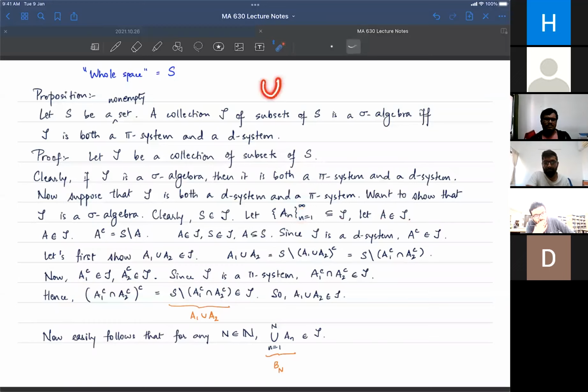We need to show that the union over n from 1 to infinity of A_n is in script S, and we need to show A complement is in script S. We want to show that the union of all these guys is in script S, and we also want to show that A complement is in script S. Okay, so let me do the following actually. Let me just sneak in a note here.